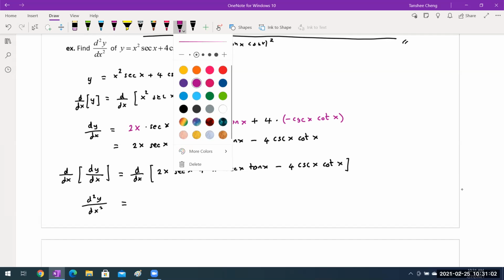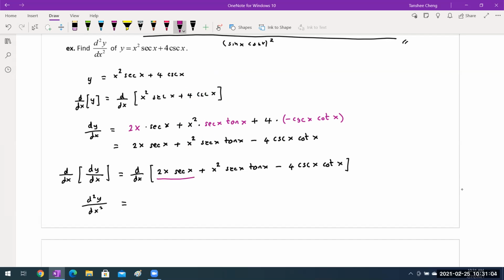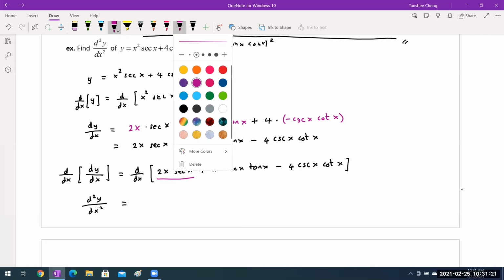So let me change it this way. So when I take the derivative of this first term, I need to use the product rule, which is going to be what? 2 is a constant, so it will be 2 times.